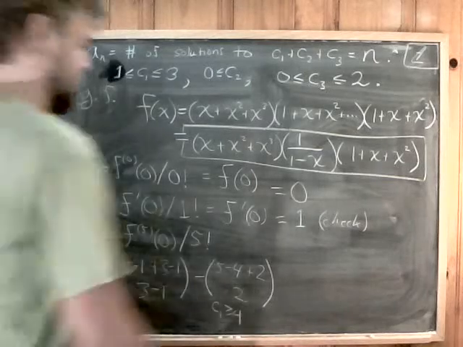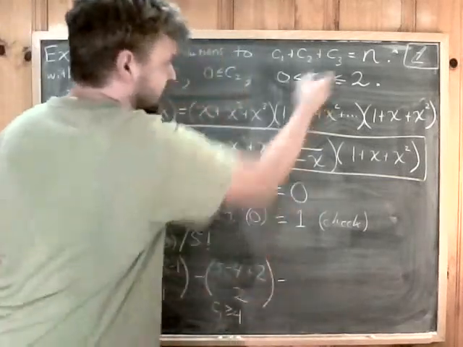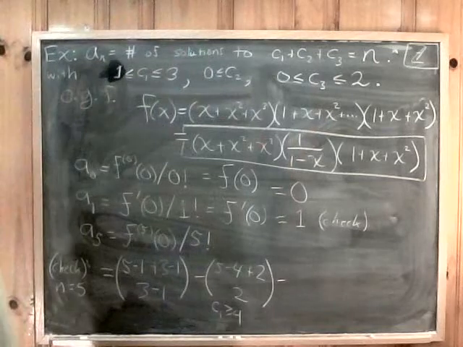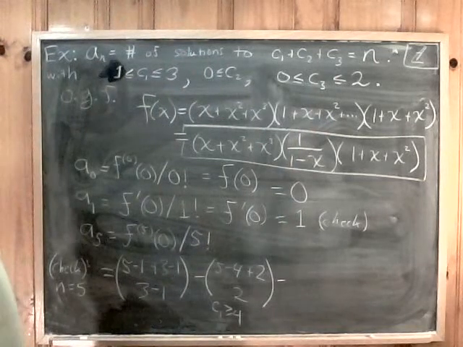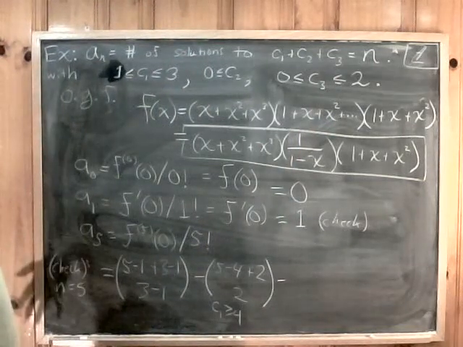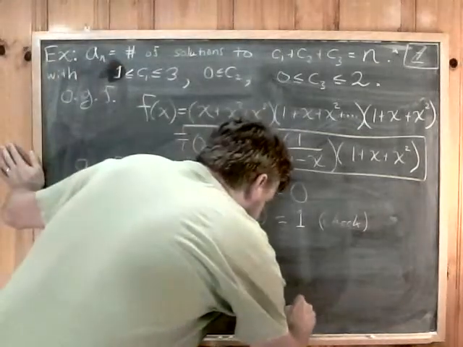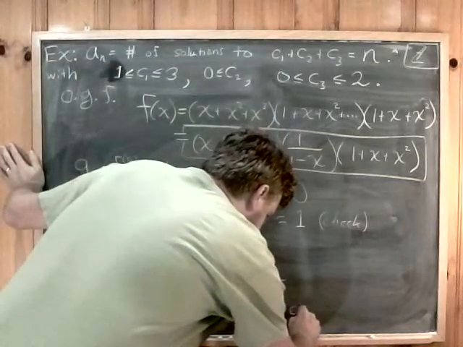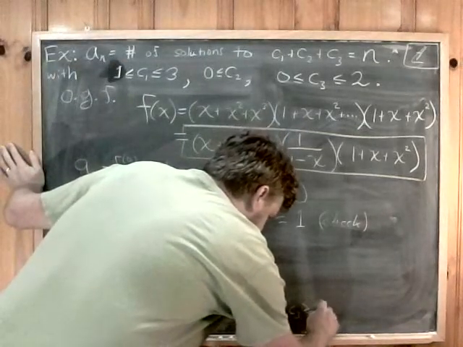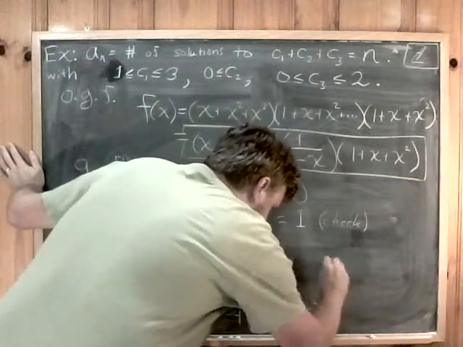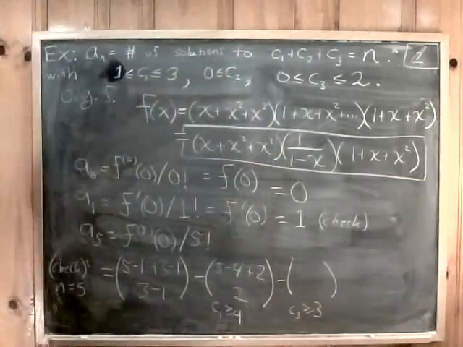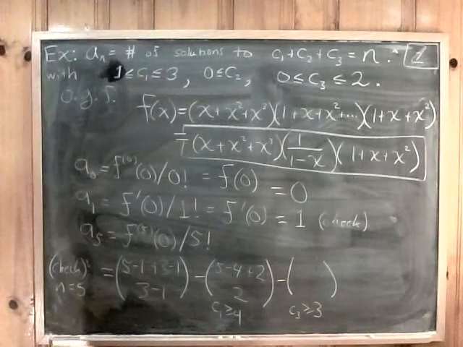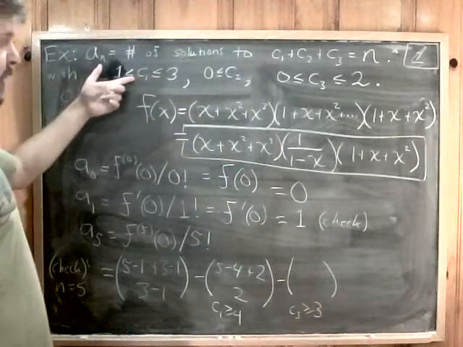And then the other single rule is C3 greater than or equal to 3. So this will be C3 greater than or equal to 3. And at this point, though, I have to remember that C1 is still greater than or equal to 1.